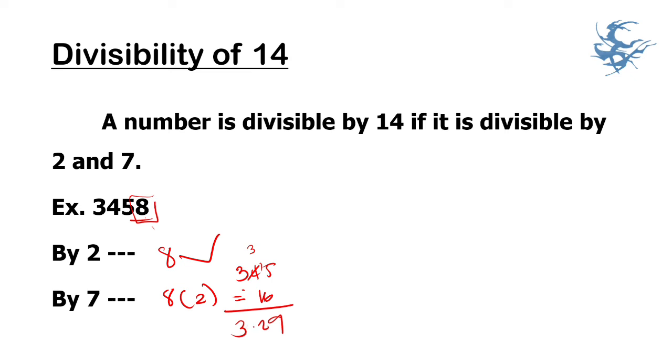So, anong gagawin nga ulit? Uulitin lang natin yung process. Kukunin natin yung last digit, which is 9. 9 times 2, we're gonna get 18. Minus natin sa 32. That gives 14.